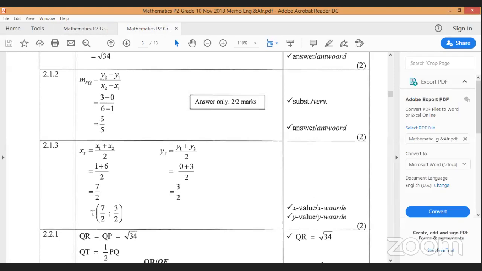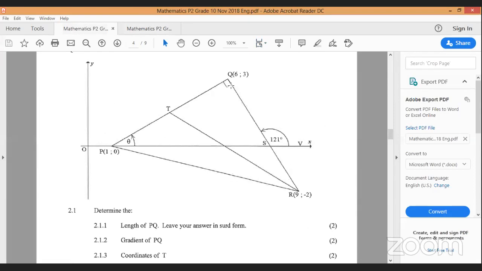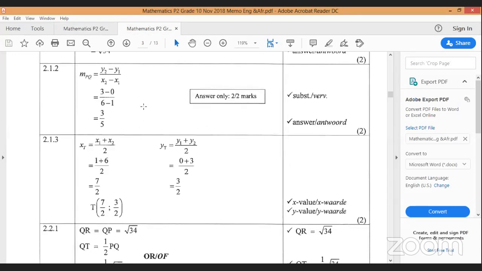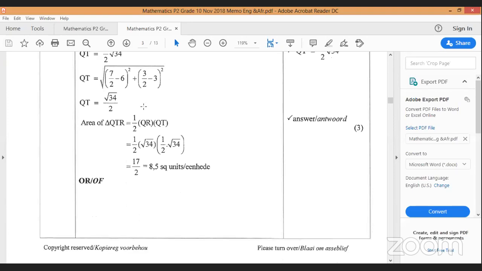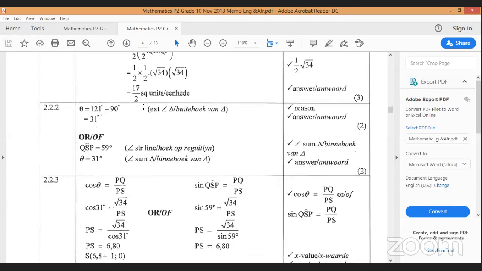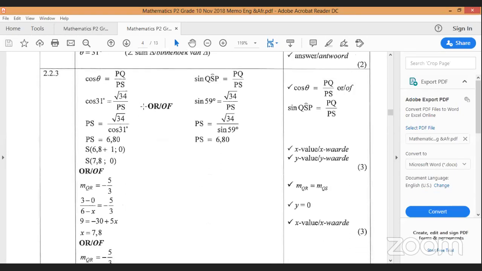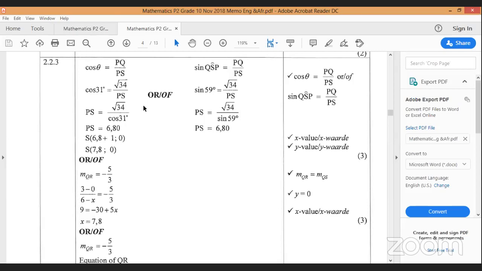But now this will be negative, because it's on the other side, right? I mean 5/3, not 3/5, but 5/3.